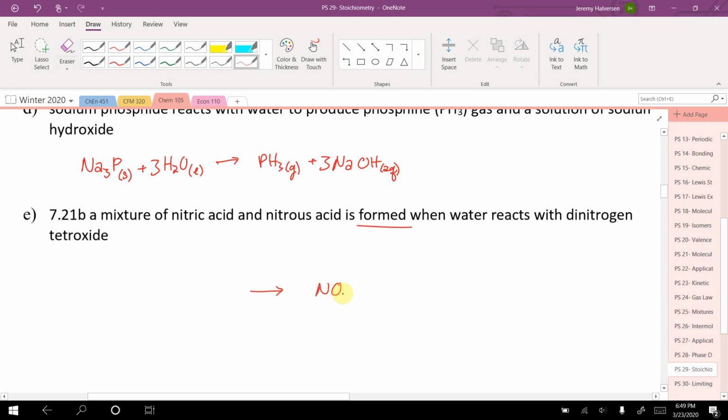So nitric acid, HNO3, and nitrous acid, HNO2, and acids are typically written as aqueous, as in dissolved in water, is formed when water reacts with dinitrogen tetroxide. So dinitrogen tetroxide. I don't know what that is. Let's say it's a solid. Let's say it's aqueous, shall we?